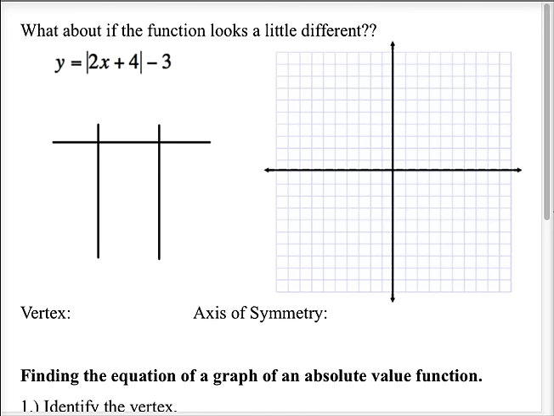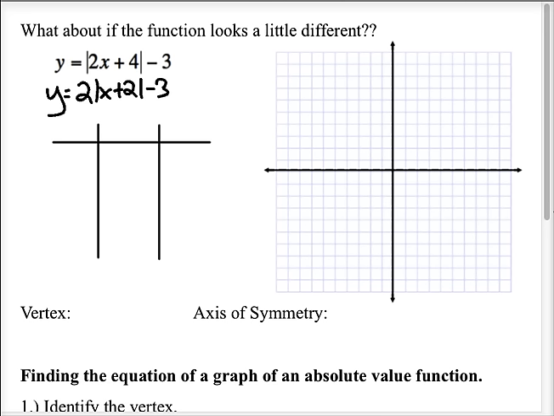So one last graphing example. When you're graphing, sometimes you can see something that looks like this. This doesn't look quite like what we just did. We're not used to it looking like that. So what you actually have to do in this case, you can factor 2 out of that inside.